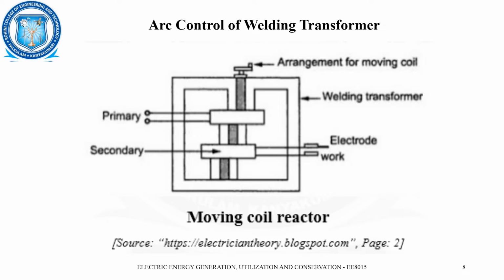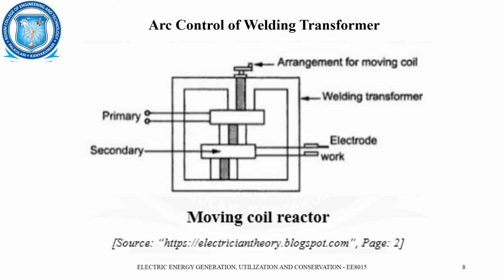Next, considering the moving coil reactor, the distance between the primary and the secondary will decide the amount of current flow. If the distance between the primary and secondary is high, then the current will be less. So accordingly, we can move the coil with this movement arrangement.